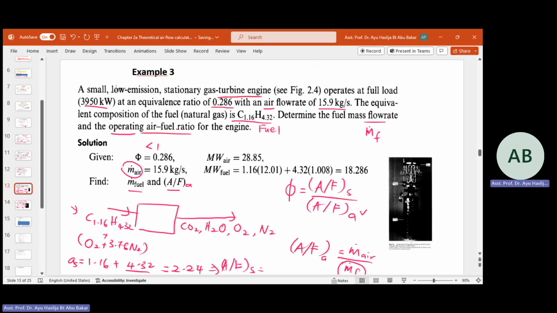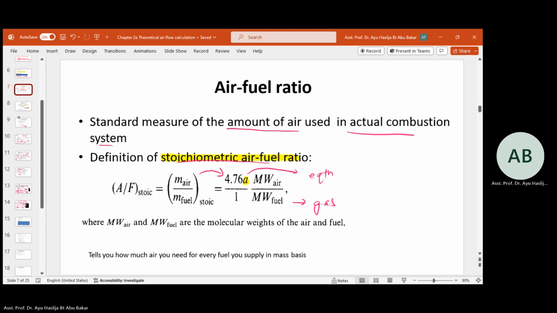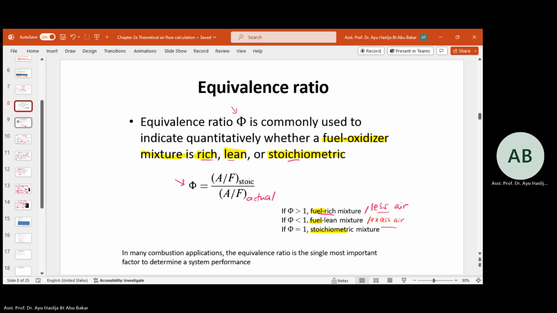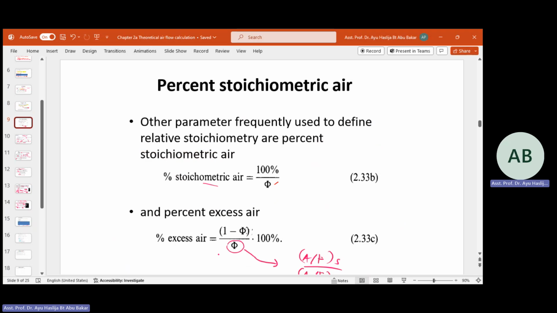Dia tak bagi tahu, tapi from the equivalence ratio kita tahu dia ada excess air. Question ni dia tak minta untuk cari how many percent of excess air. Unless kalau dia minta untuk cari excess air, you boleh guna equation excess air tadi.